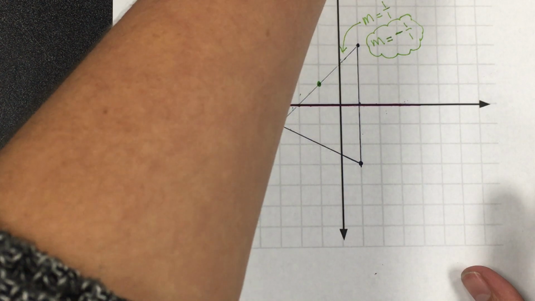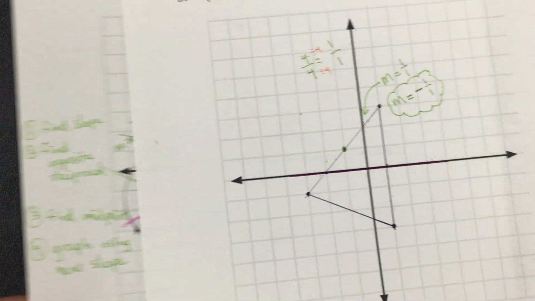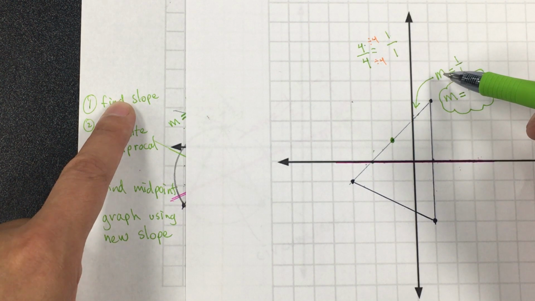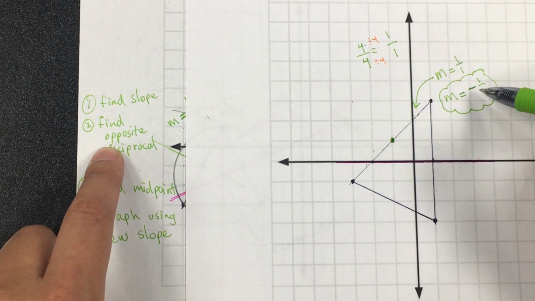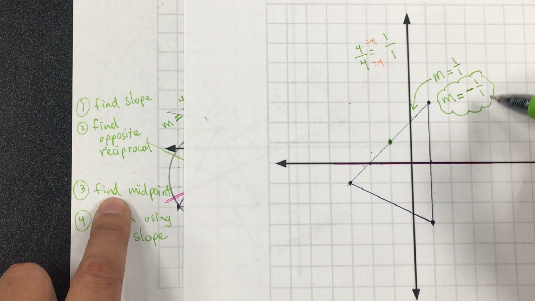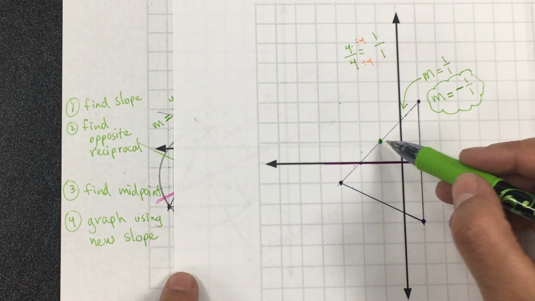I'm going to put these notes right here. Find the slope. I already did. Find the opposite reciprocal: switch the sign and switch the numerator and denominator. Find the midpoint, it is right there. Graph using the new slope.